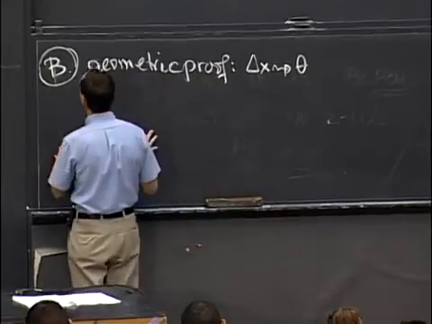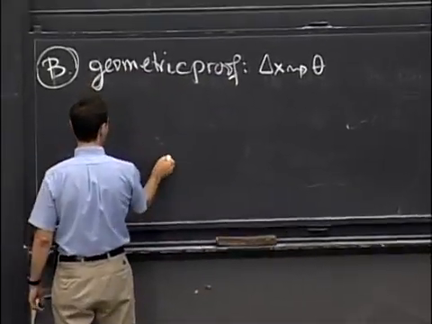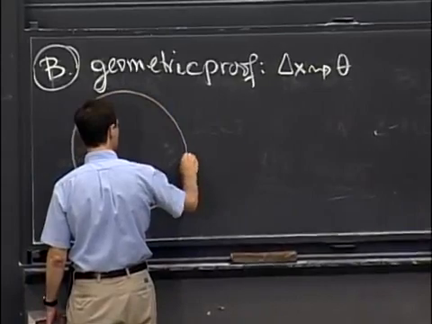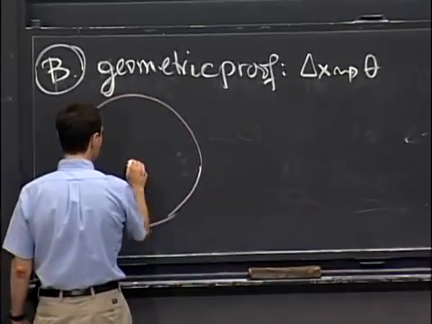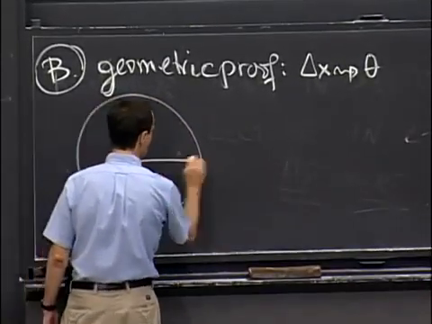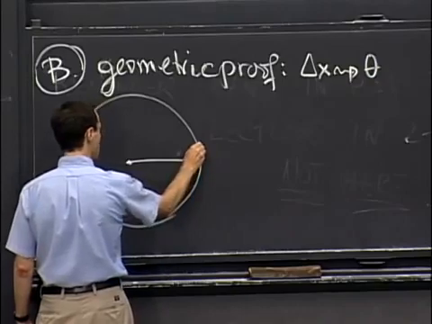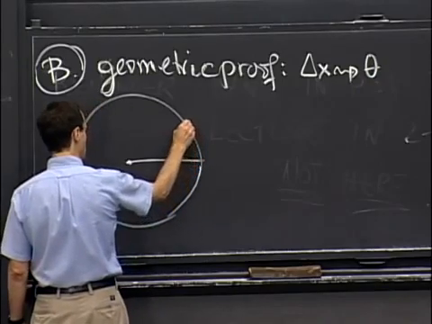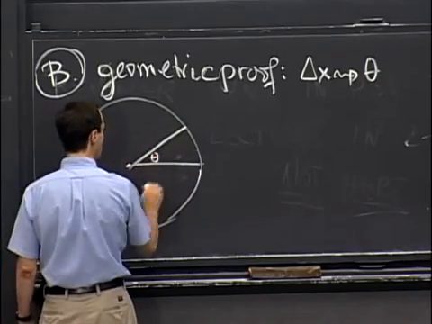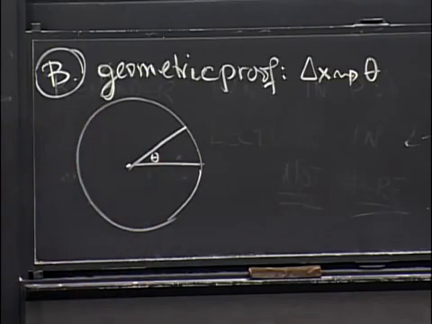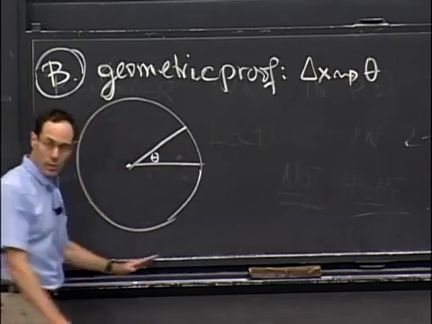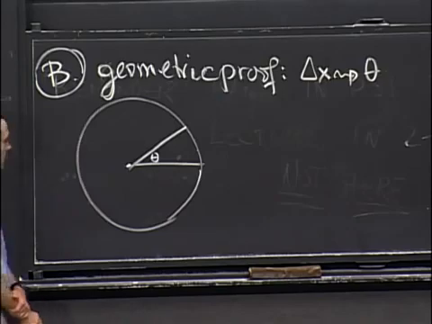Okay, so let's draw a picture of what it is that we're going to do. Now, here's the circle, and here is the origin, and here's some little angle. Well, I'll draw it a little larger so that it's visible. Here's theta, all right? And this is the unit circle. I won't write that down on here, but that's the unit circle.